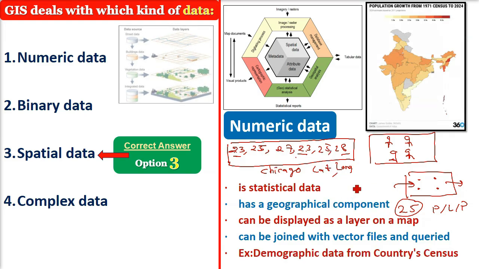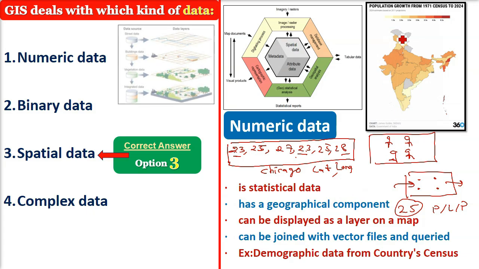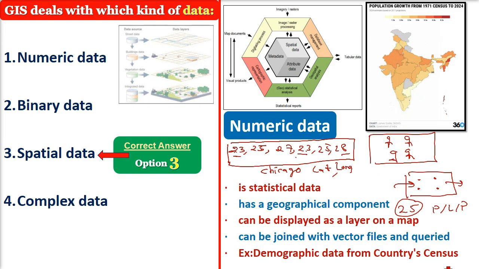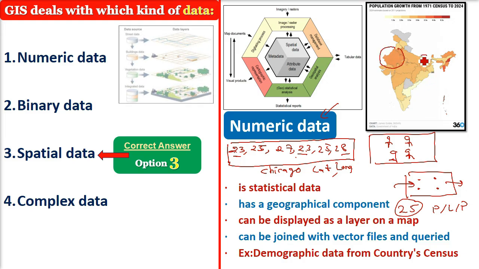Now let me give you an actual example here: demographic data from a country's census. This is an example of the Indian region. Now how are you going to represent this numeric data and use it? When the census is taken, you can see which are the places where the population has grown exponentially, and which are the regions of India where the population is low.